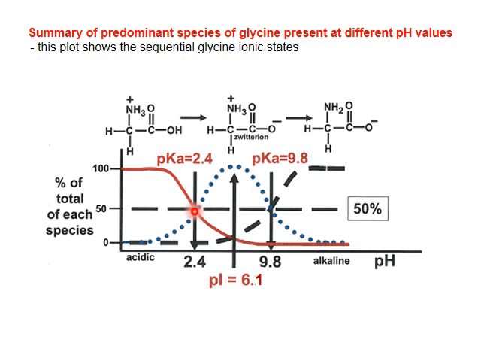So at the half equivalence point, we have 50% protonated, 50% deprotonated. That's the first pK value. Then we keep titrating that away till it's pretty much gone. Then we start to titrate away the other group. At the first equivalence point, we basically titrate away the acidic group, and we're just left with the basic group.